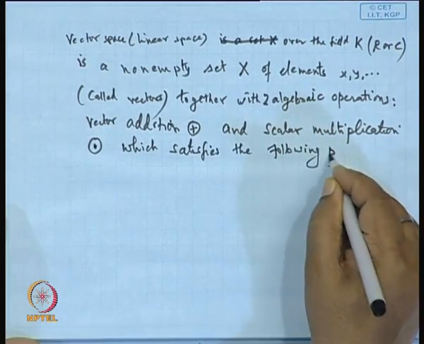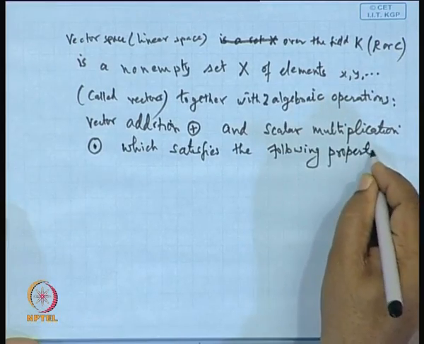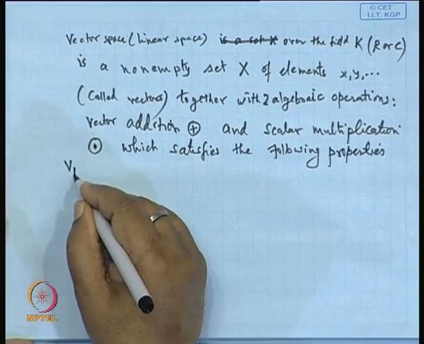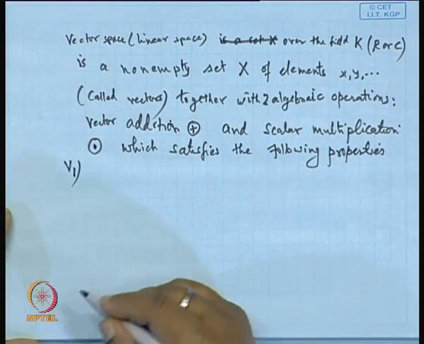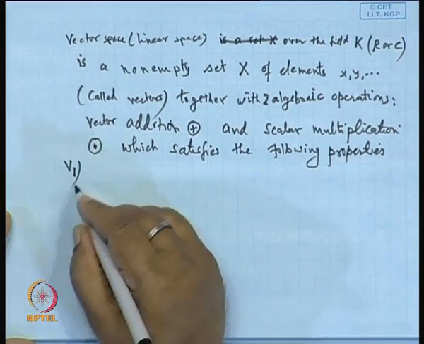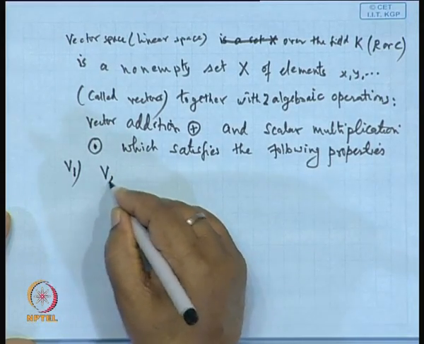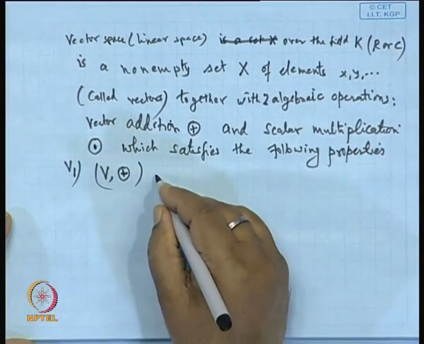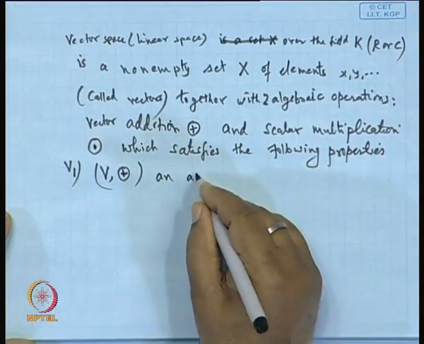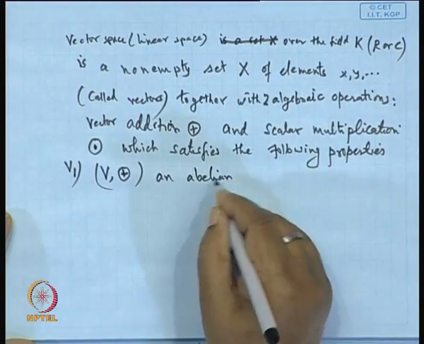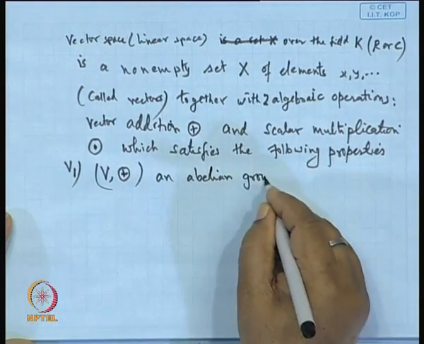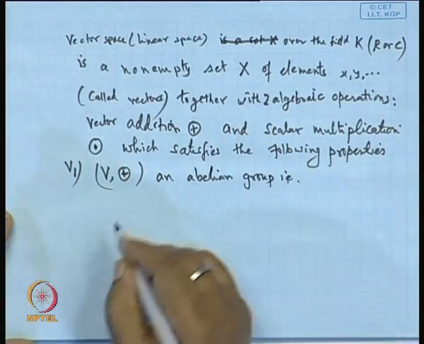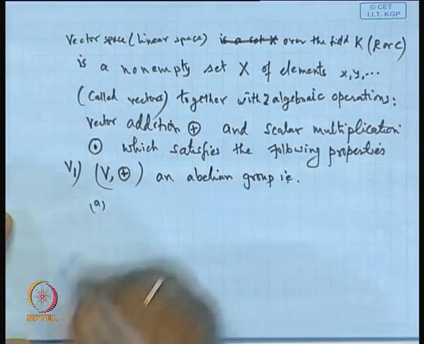properties. The first property is, say V1, the set V with addition must be an abelian group. By abelian group we mean that the following conditions are satisfied.